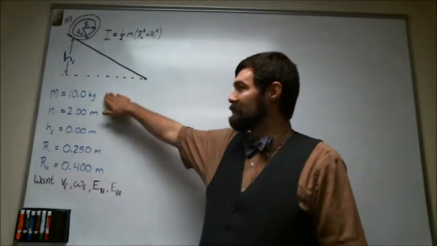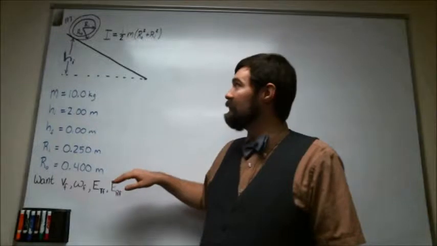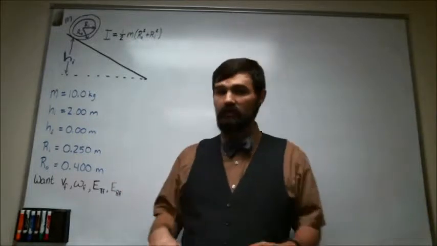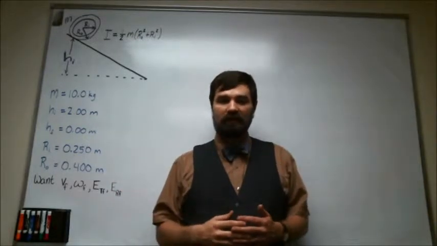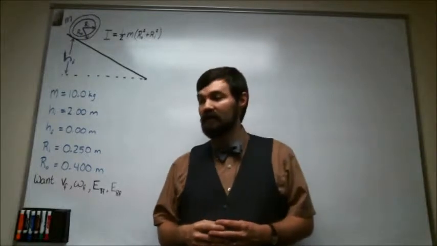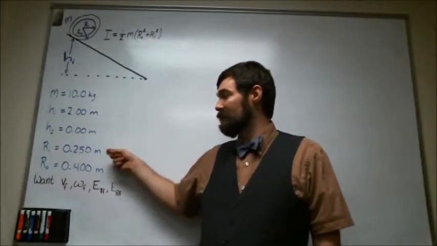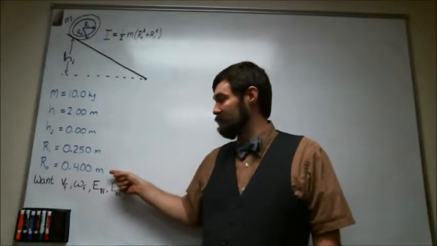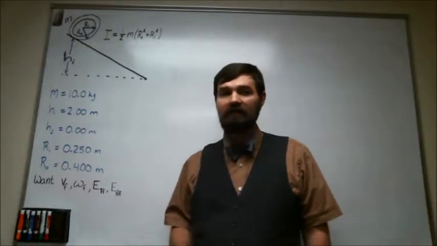The wheel itself has a 10 kilogram mass, and it can be treated as an annular disc or annular cylinder whose inner radius is 25 centimeters and whose outer radius is 40 centimeters.